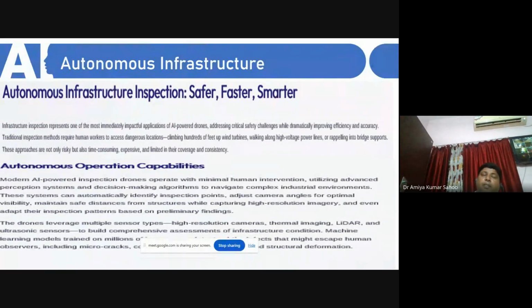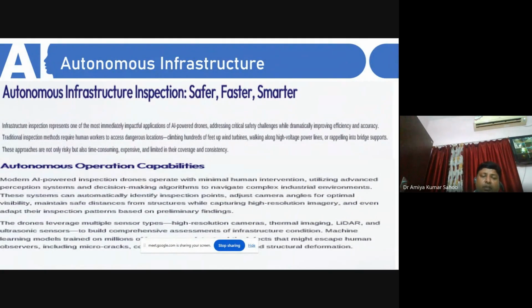autonomous operation capabilities. Modern AI-powered inspection drones operate with minimal human intervention, very minimal human intervention, utilizing advanced perception systems and decision-making algorithms. This is very important to navigate complex industrial environments.